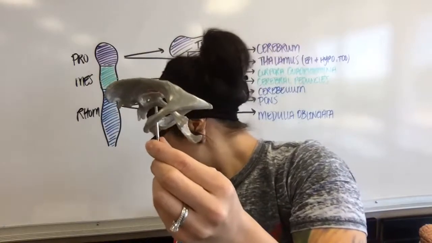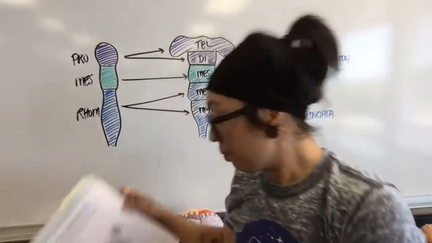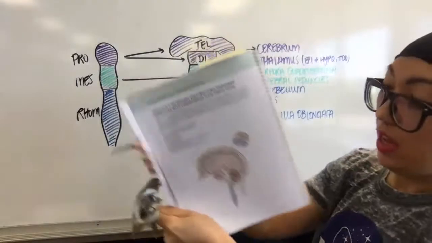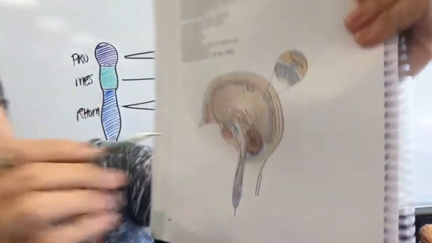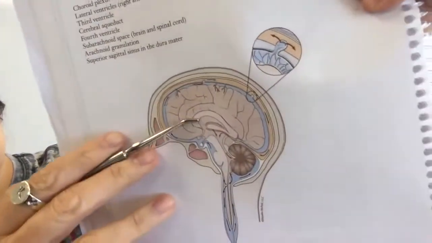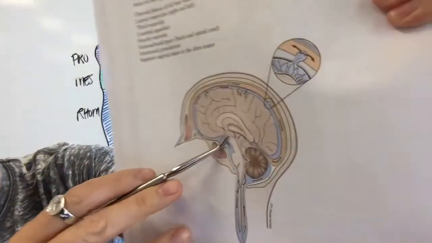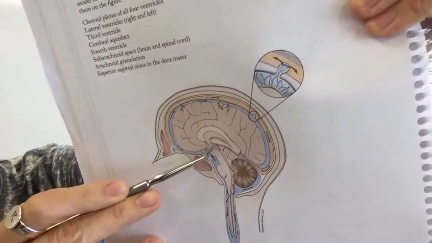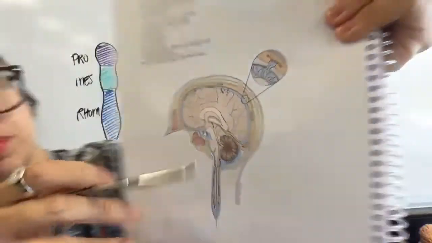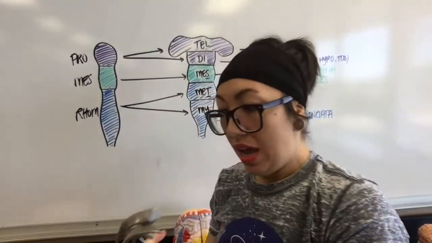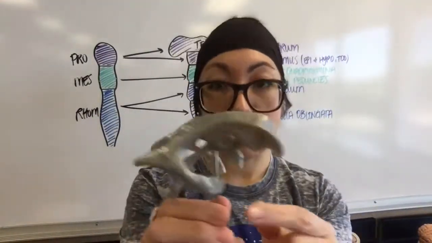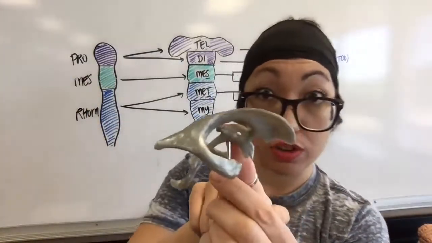So kind of going back to that bird beak area in your lab manual, it's that area right there. So the third ventricle is right there.